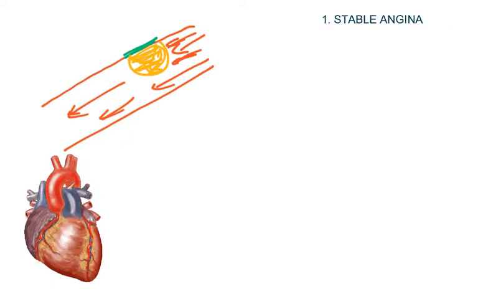Okay, so the first one is stable angina. What happens in stable angina is that if a person is at rest or lying comfortably or walking at a normal speed, they will not feel anything because the blood somehow manages to pass through this plaque.